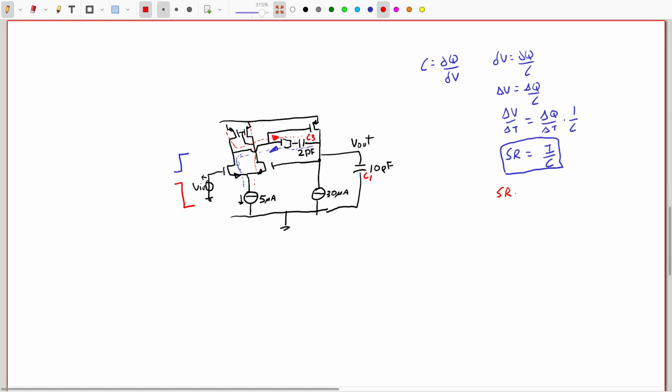So the slew rate in C3 is going to be equal to 5 microamp divided by 2 picofarad, and the slew rate in C1 is going to be equal, and we see what happened in C1.